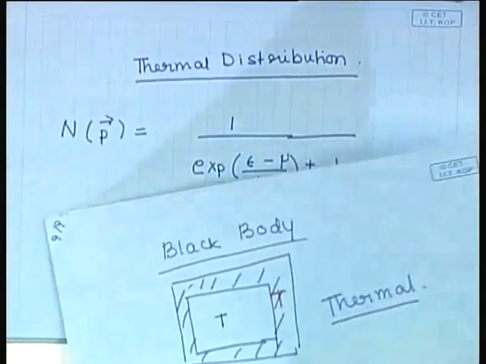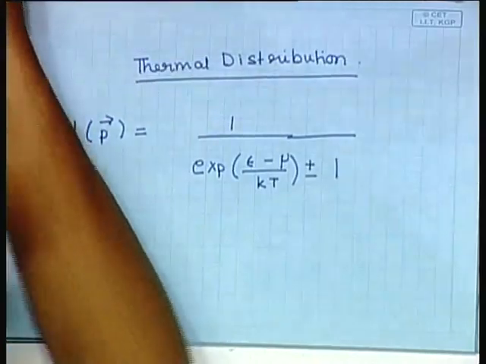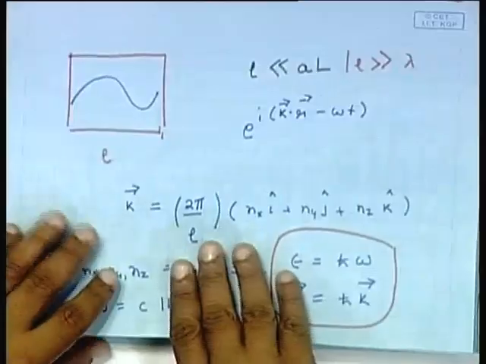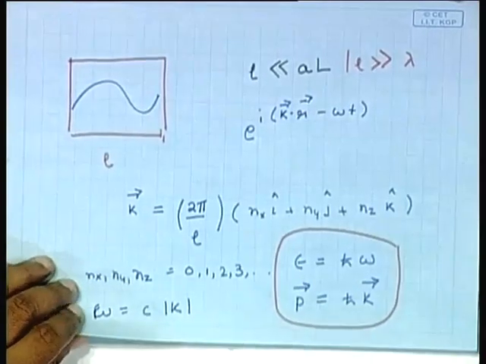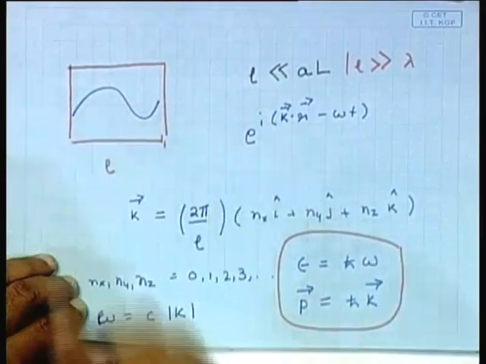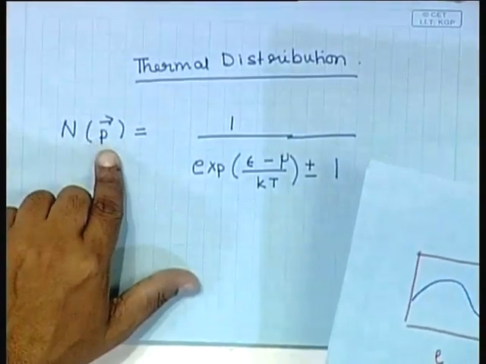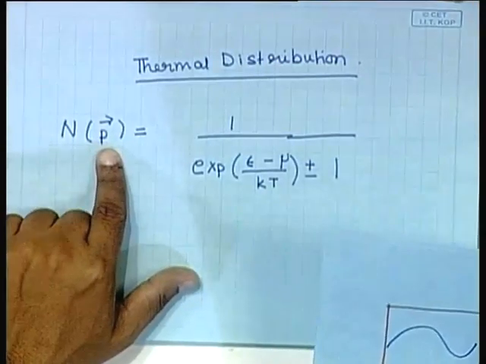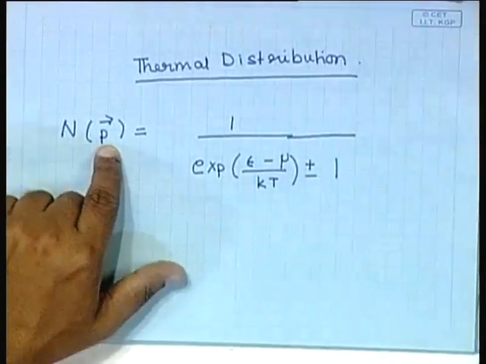So, just think of this box that we are dealing with as the cavity, for example. Now, the photons inside have come to thermal equilibrium with the walls, and they have different momenta. These are the different modes of the electromagnetic wave inside.